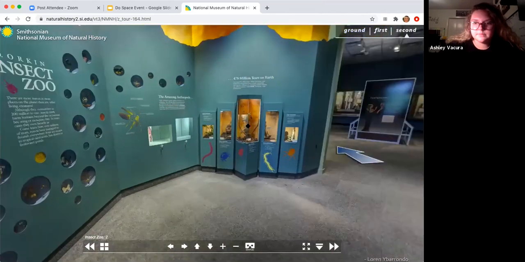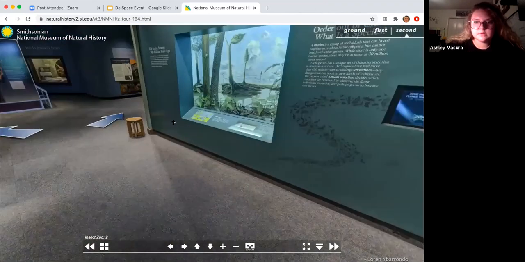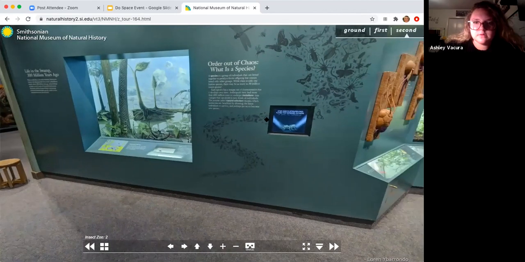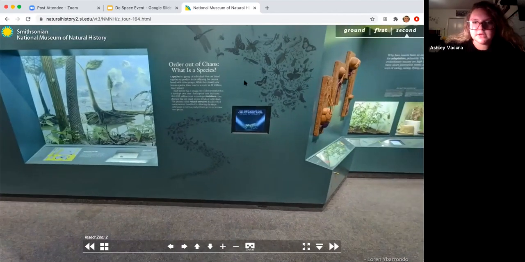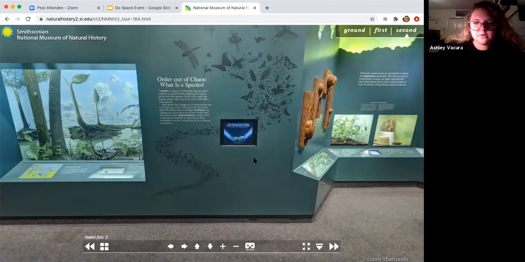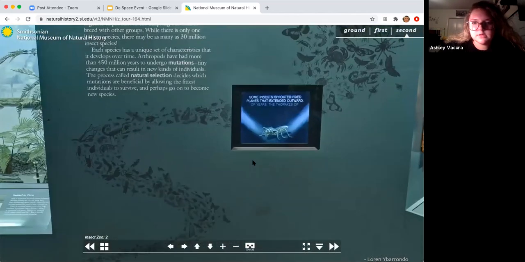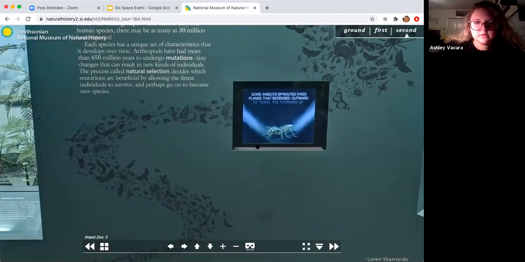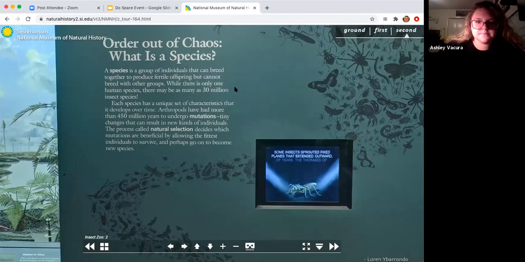It looks like all these different insects on the wall. It says a species is a group of individuals that can breed together to produce fertile offspring, but cannot breed with other groups.